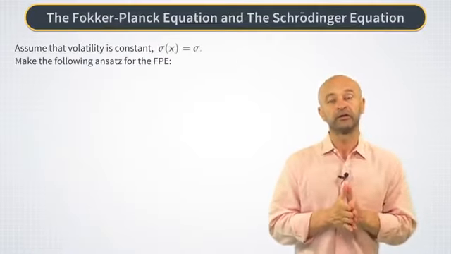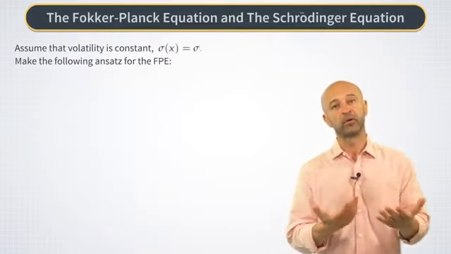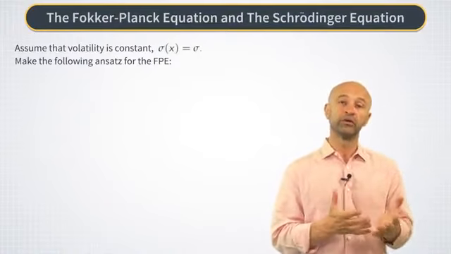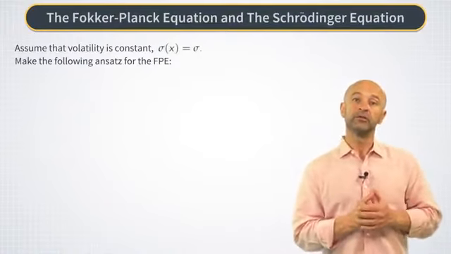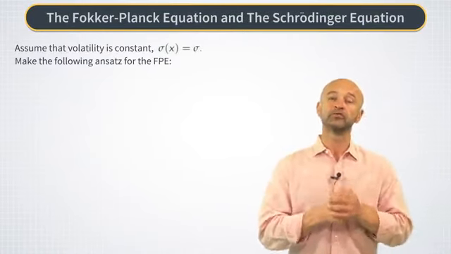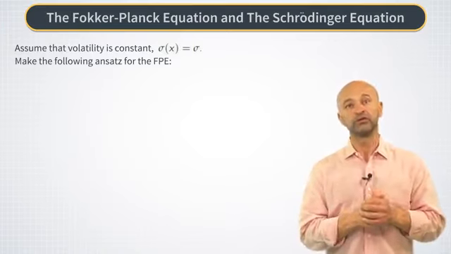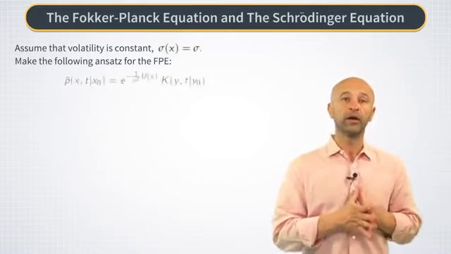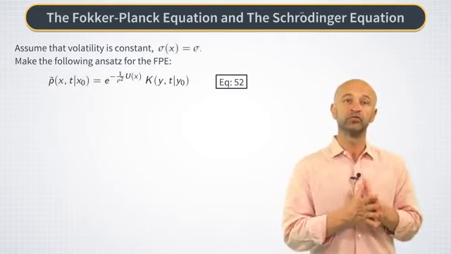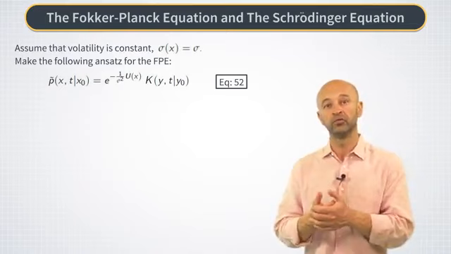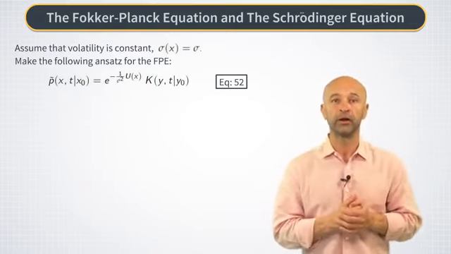And it turns out that such escape and tunneling problems can also be described using the language of quantum mechanics. This can be done starting with the Fokker-Planck equation as follows. First, we change the dependent variable and write the unknown density p of y, as shown in equation 52, as a product of the exponential factor and a new unknown function k of y.